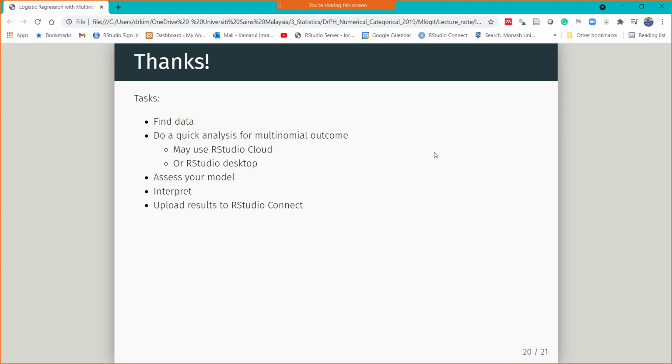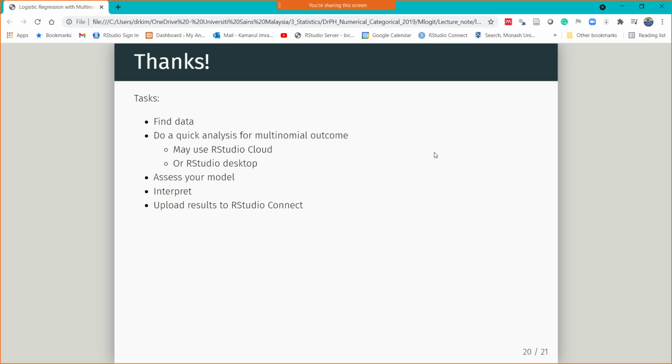I have two other notes. One is the longer version of the lecture notes, and the other one is the notes for practical. I'll share with you later, or maybe I'll put this inside the eLearn portal.